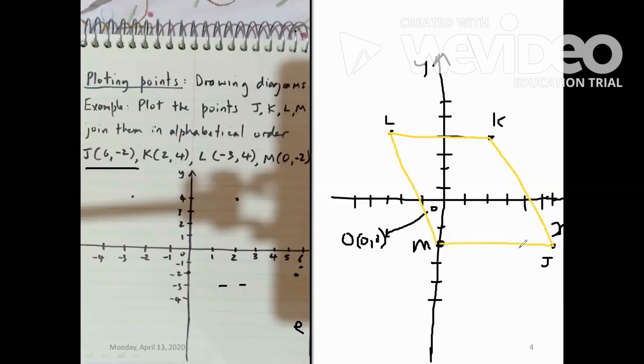Right. All right. Can somebody tell me what shape that is? It's actually a rhombus. Moving on.